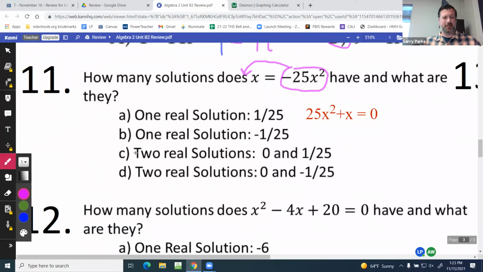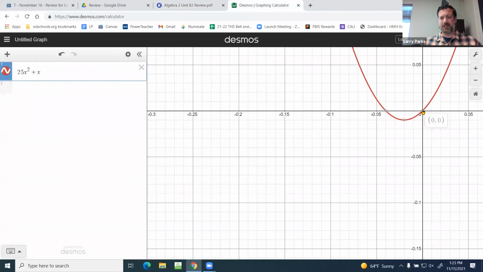So it's either going to be this one, this one, this one, or this one. And what are they? So obviously 0 is a solution. See, 0 is a solution. The other solution is -0.04.